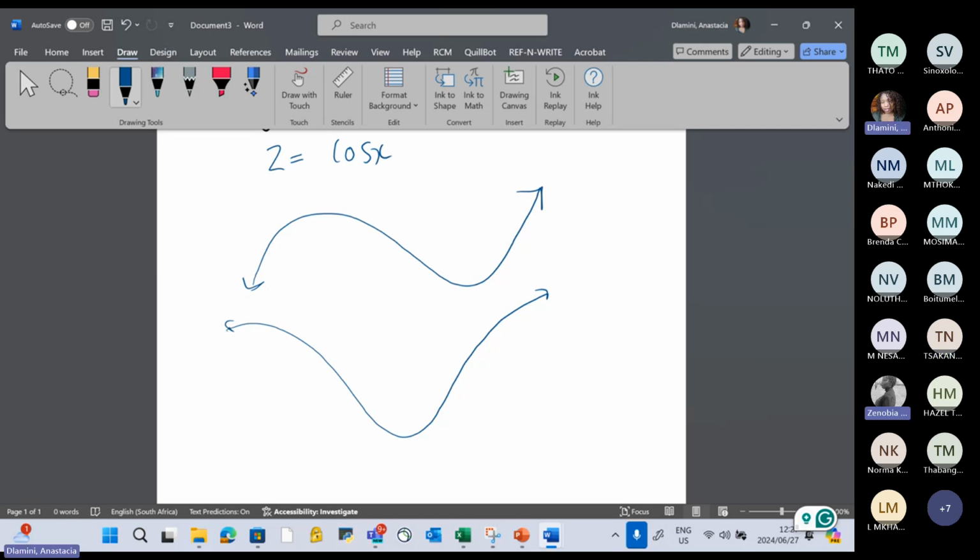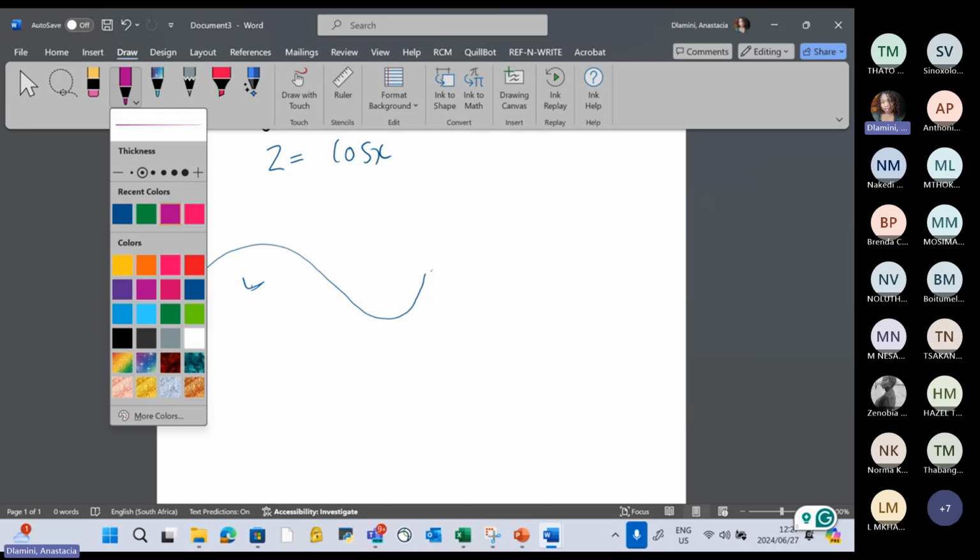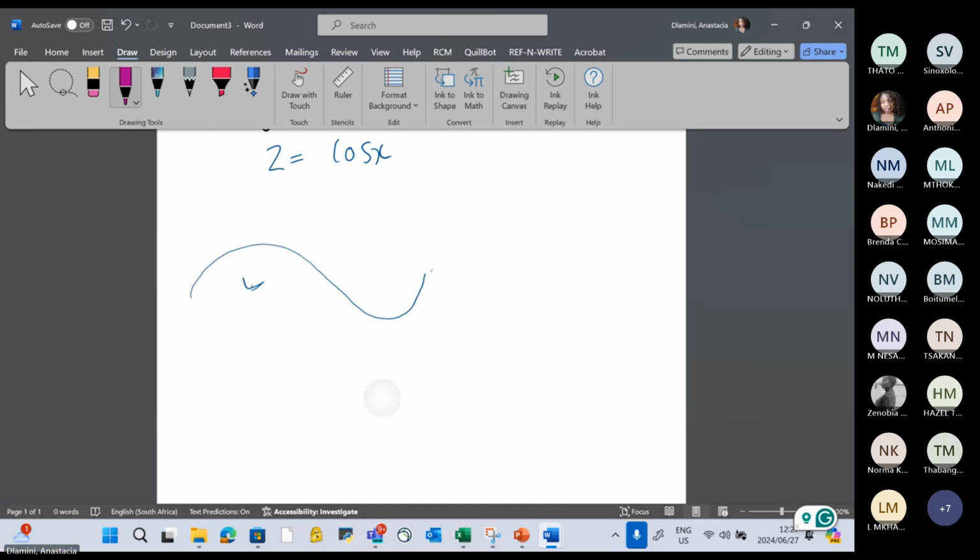Now, if they say draw 2 periods of sine, it means that you start with the first one that looks like this. That's the first period. And then because they say 2, you draw another one like that.